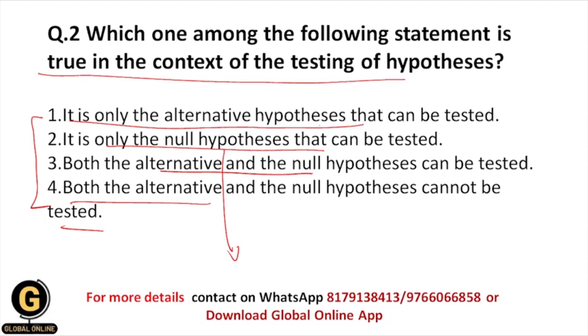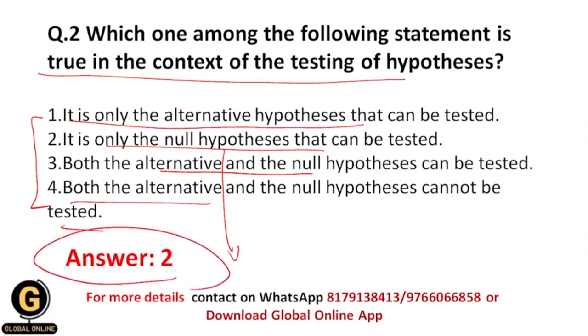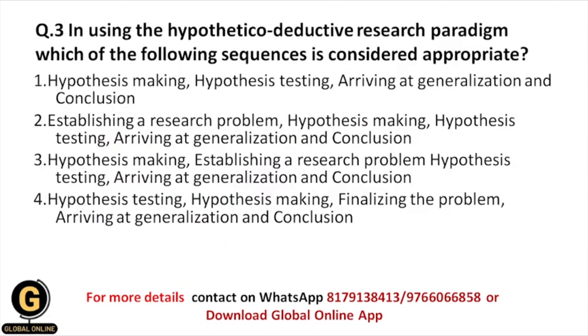And whenever we reject the null hypothesis, then we automatically accept the alternative hypothesis. Okay, and that's why your correct answer should be 2, that is, it is only the null hypothesis that can be tested.